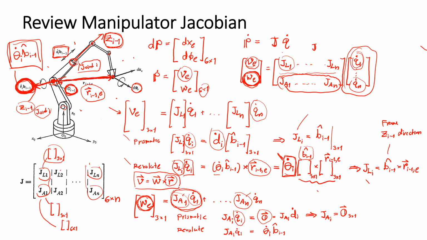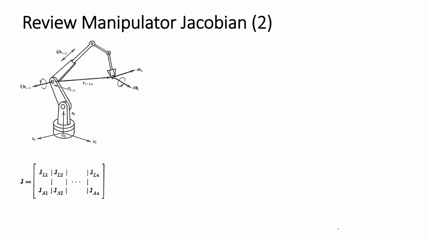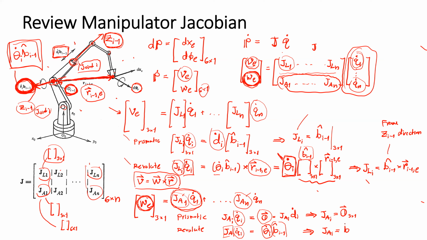Okay, and if we want to summarize what the Jacobian of the angular velocity for the revolute joint should be: the joint speed, or the magnitude of the omega, and the Jacobian will equal the unit vector that describes the direction of the z I minus 1 of the joint I. The Jacobian for the angular velocity will equal the unit vector of the z axis of the frame I minus 1.